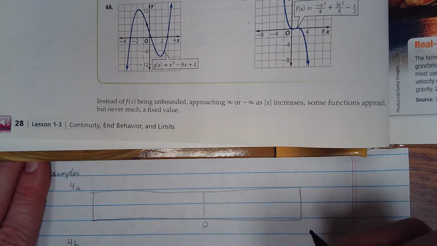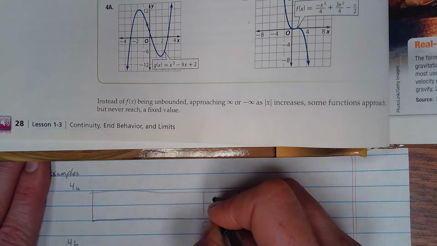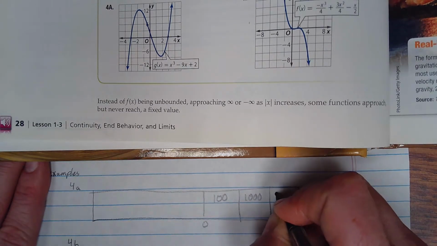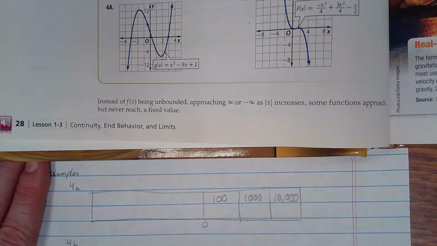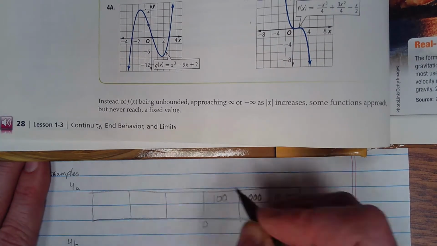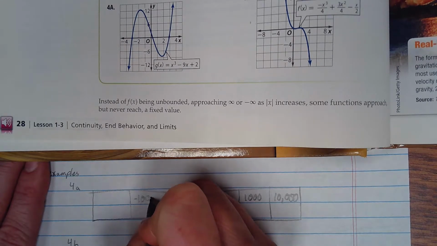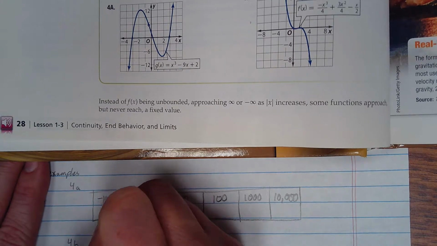Here's 0. And I want to pick really big numbers. So I'm going to pick things like 100, 1,000, 10,000 to find out what's going to happen as my numbers blow up. And as it goes toward negative infinity, I'm going to pick negative 100, negative 1,000, negative 10,000.